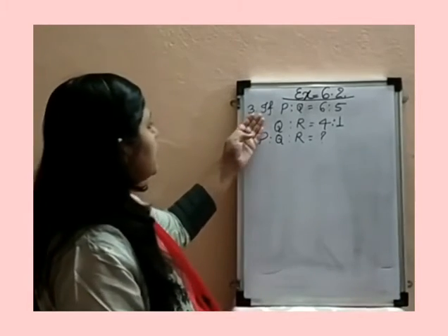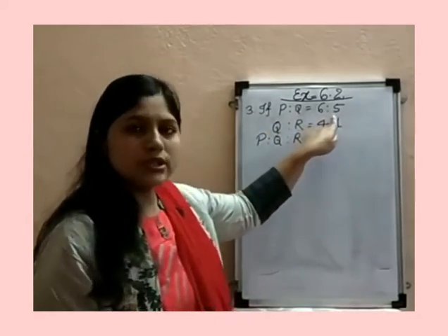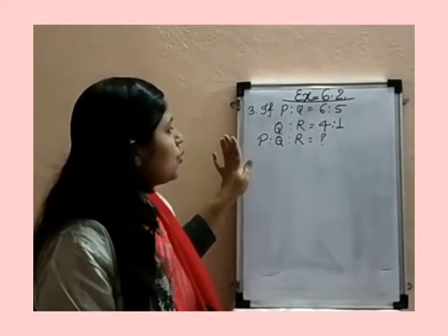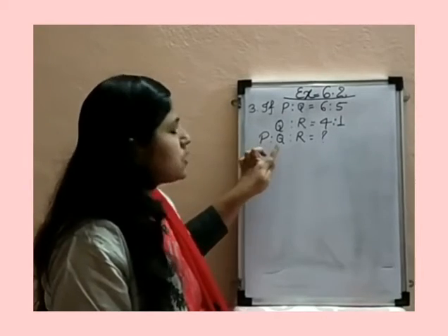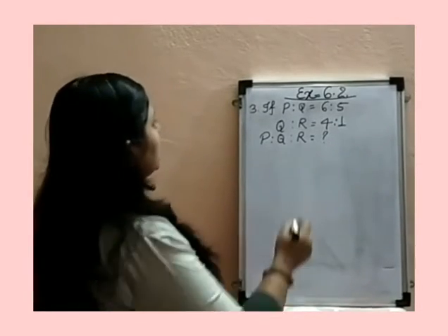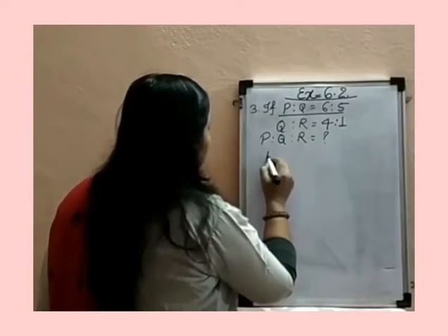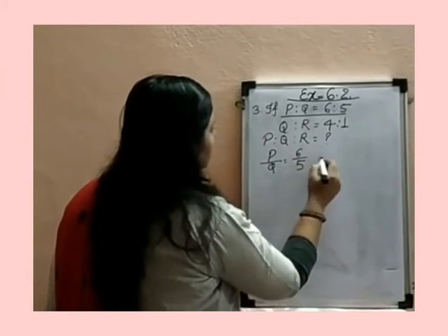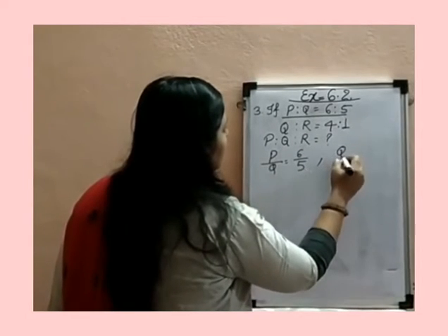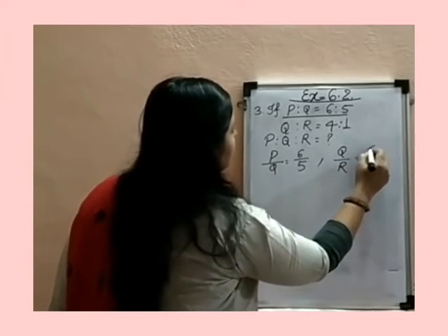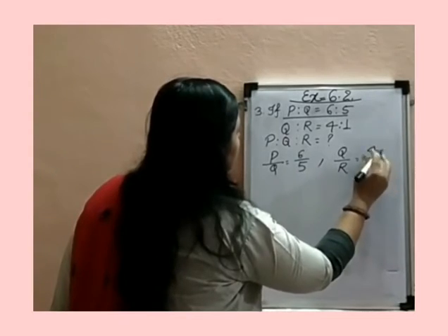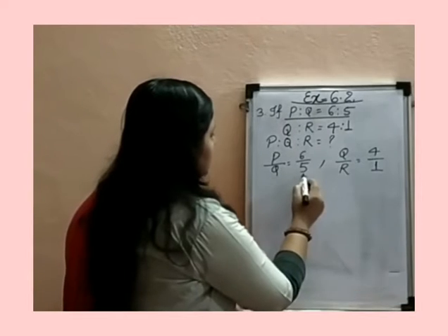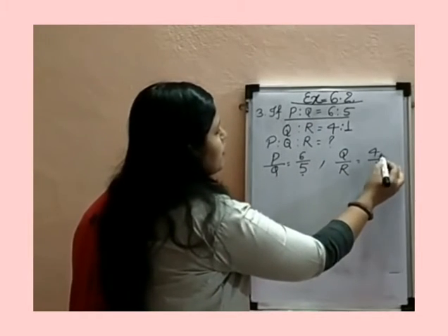Question number third is, if P is to Q equals to 6 is to 5, Q is to R equals to 4 is to 1, what will be the value of P is to Q is to R? Here we can see P upon Q equals to 6 upon 5 and Q upon R equals to 4 upon 1. We can see the value of Q is 5 here and the value of Q is 4 here.